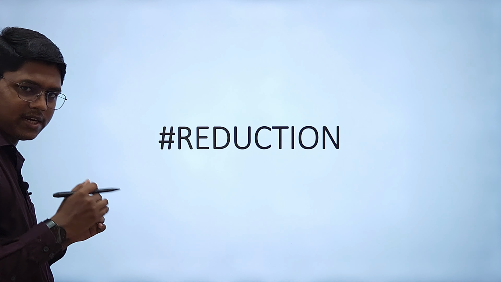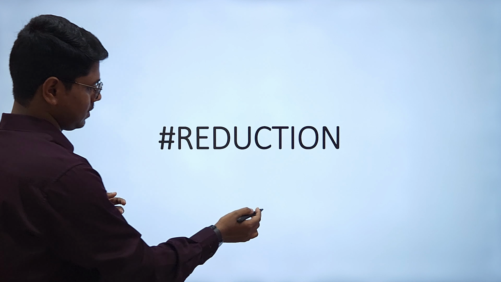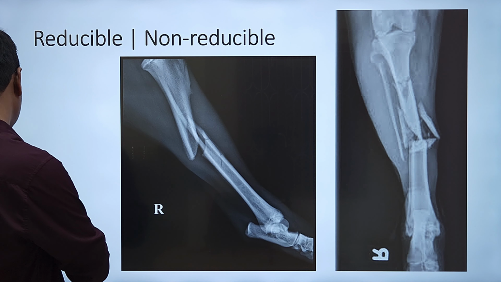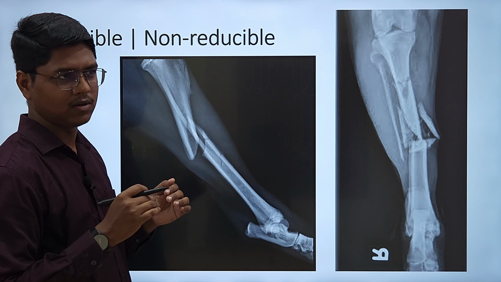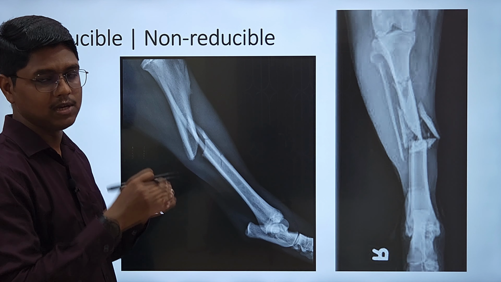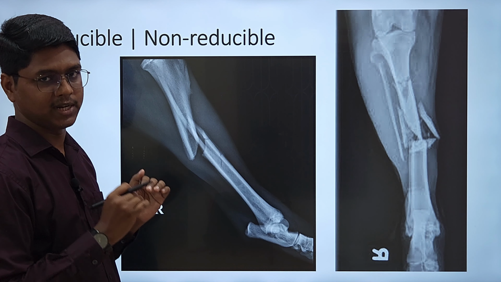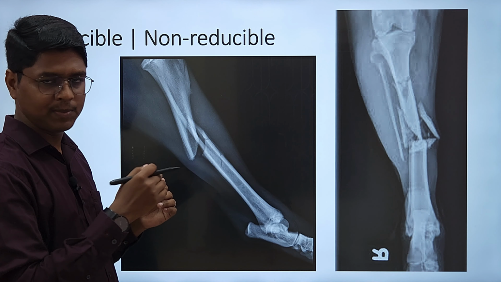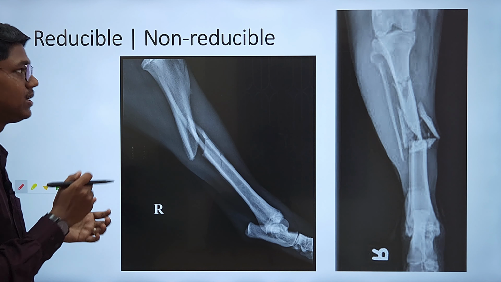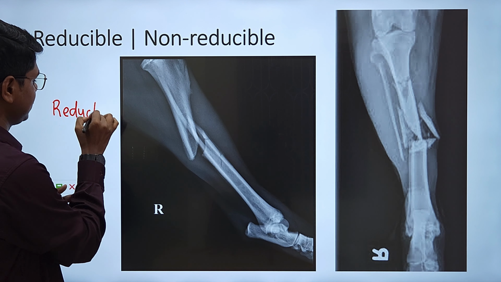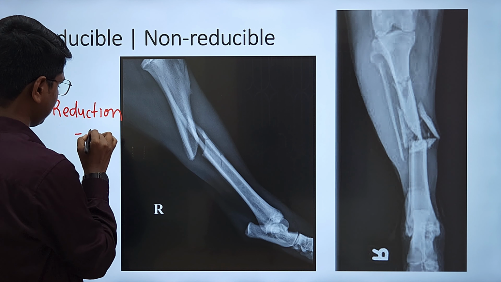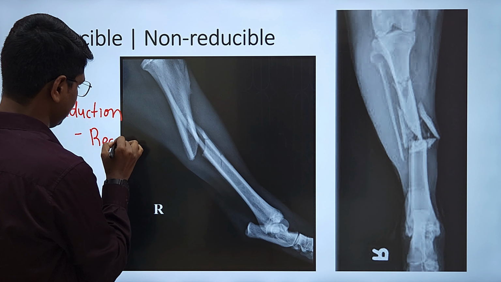Next is the reduction of fracture, whether the fracture is reducible or not. Regarding fracture reduction, in the next class we will discuss complete details. What is fracture reduction? In the previous class I told you the definition of reduction: it is basically reconstructing or realigning the fracture.